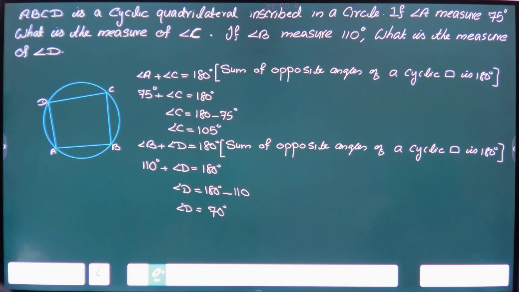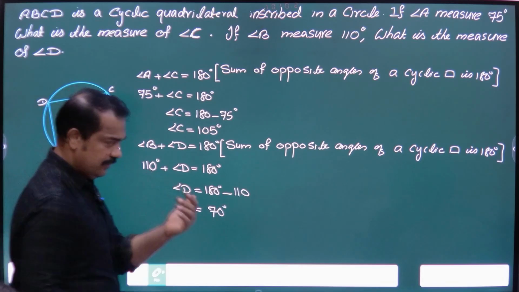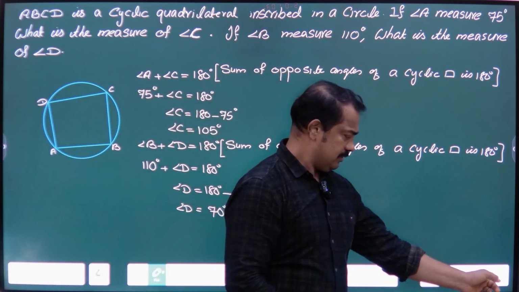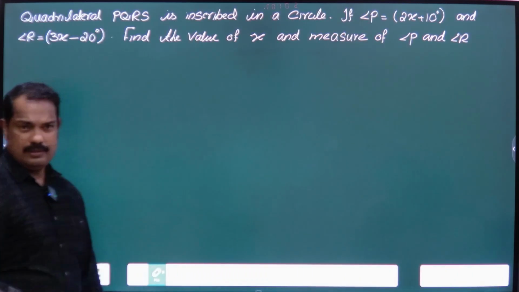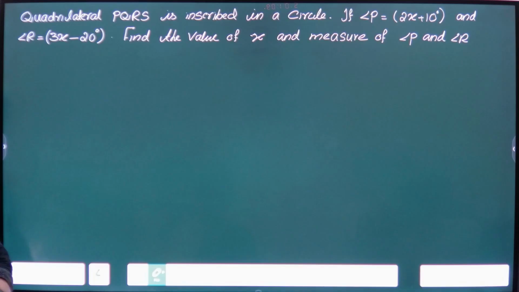Steps clear? Next, same. Question number 8. NCERT. Question number 8. End of chapter exercise.